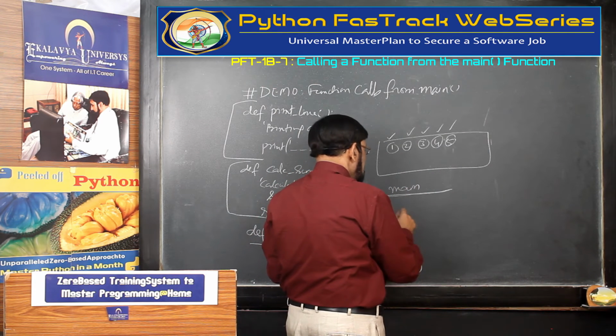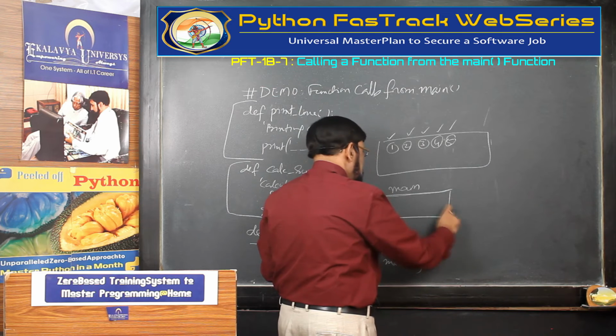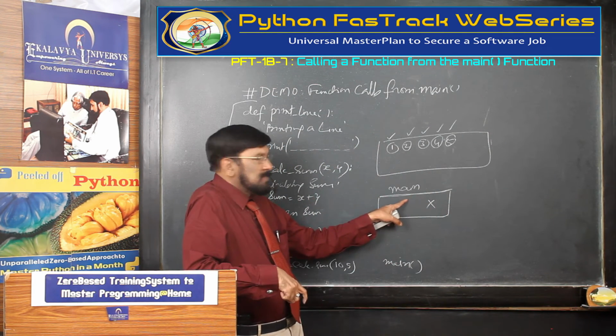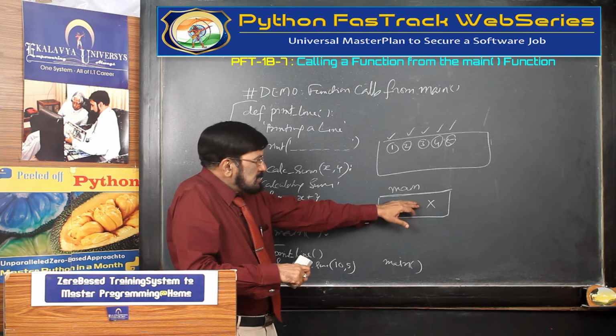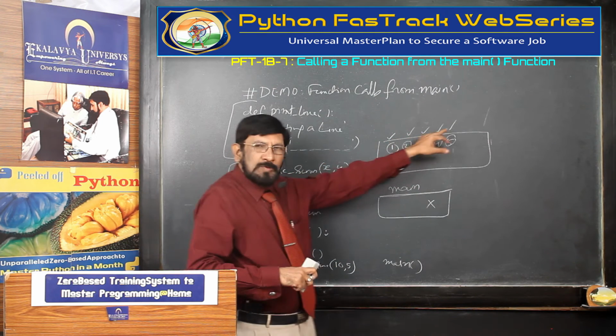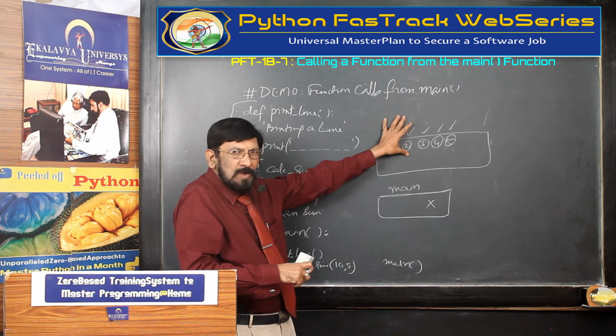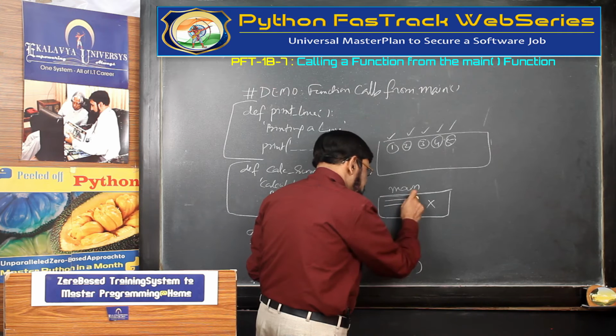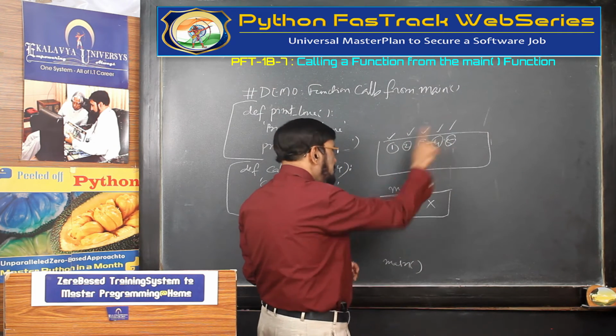In main. This is the main. But the main switch is off. Because the main switch is off, even though these are on, they don't work. Here, because we are calling these functions, it means we are switching them on.